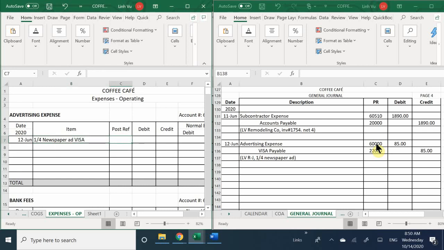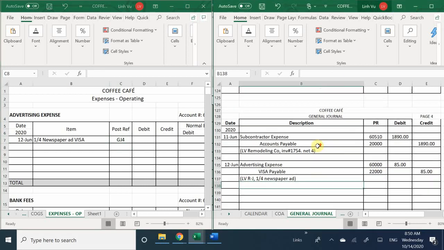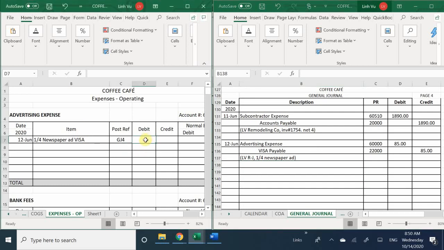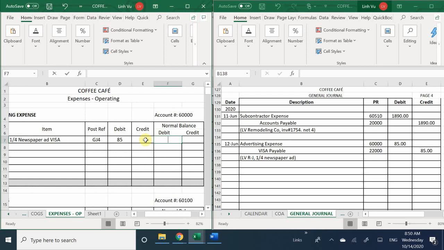So post reference is going to be General Journal number 4, because we just started a brand new page. So we're on General Journal number 4. And because it was an expense, we debit it for 85.